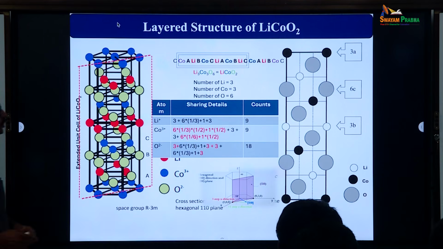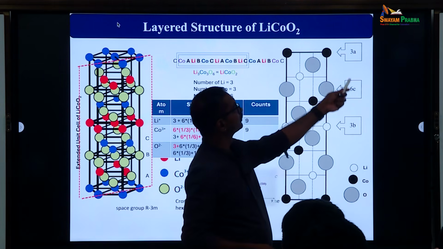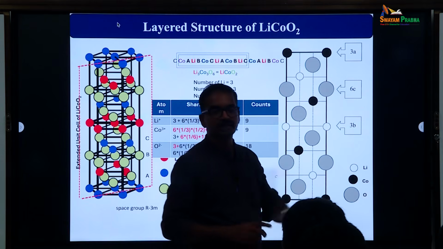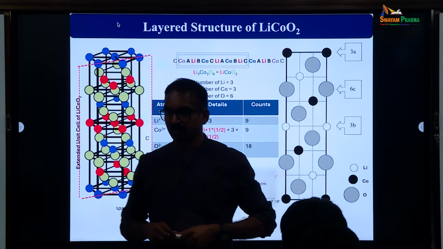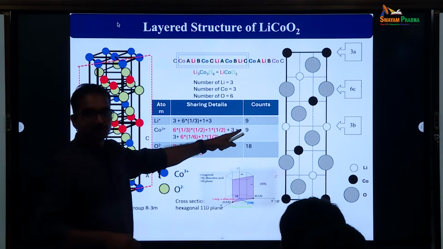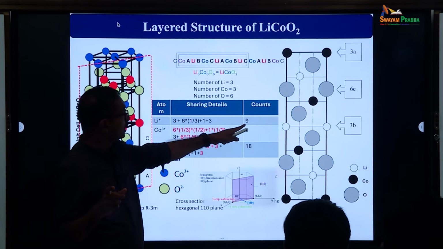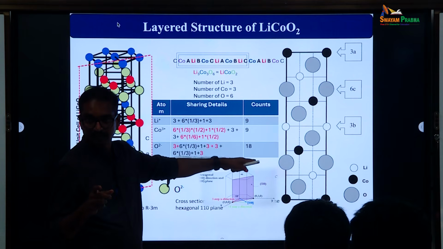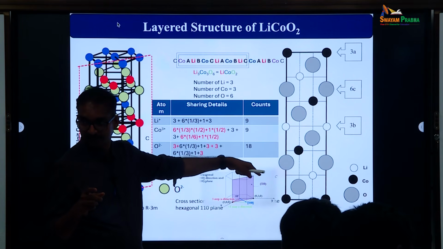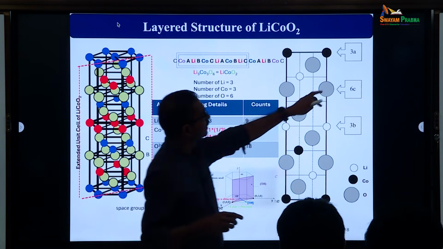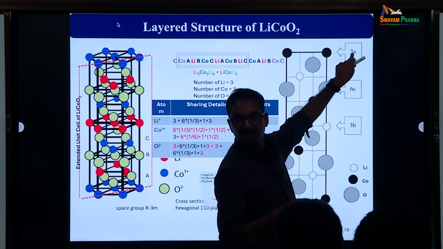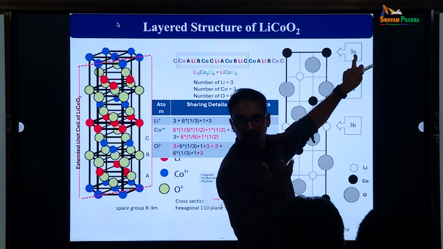And the crystallographers use this kind of notation where 3, 6 and so on mean how many times it appears. I told you when you use a rhombus as your unit cell, rhombohedral, then you have to divide this by 3. So Li3Co3O6. So Li3, that will be 3 Li here, which will be in the site called A site.